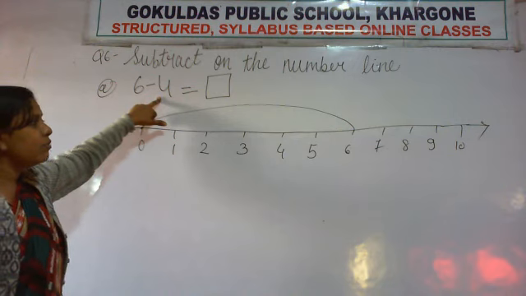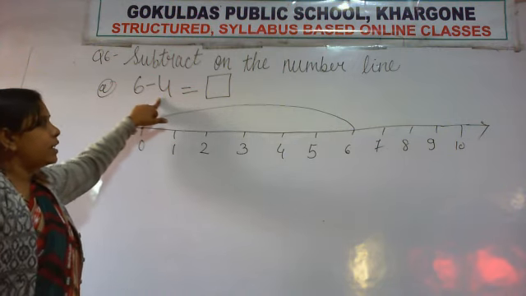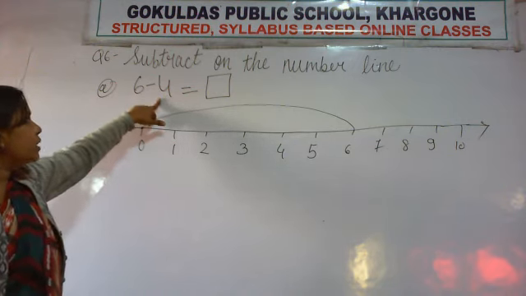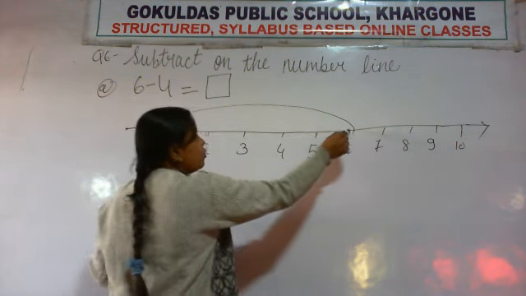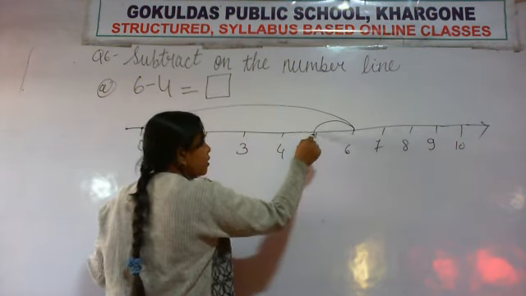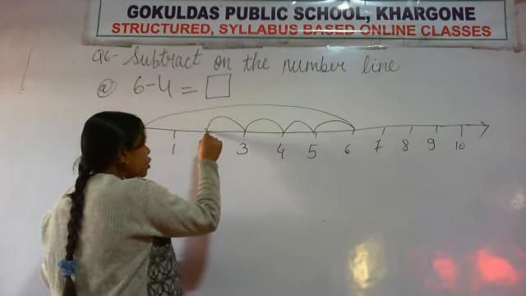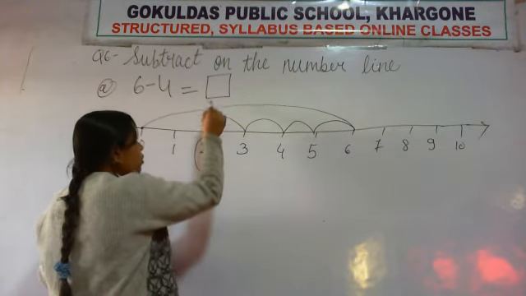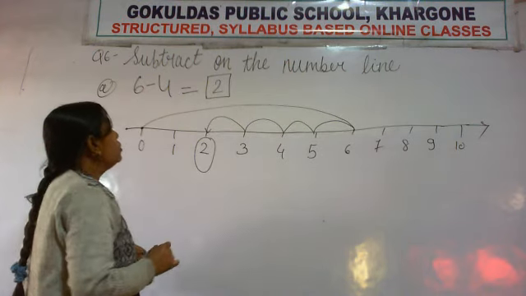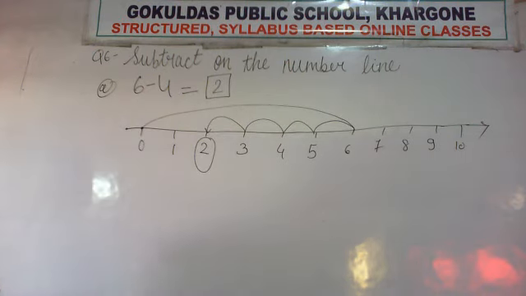In subtraction we move in the backward direction. How many steps? 4 steps. So move 4 steps back: 1, 2, 3 and 4. At which number do we stop? We stop at number 2. So the answer is 2. 6 minus 4 is 2. Copy fast.